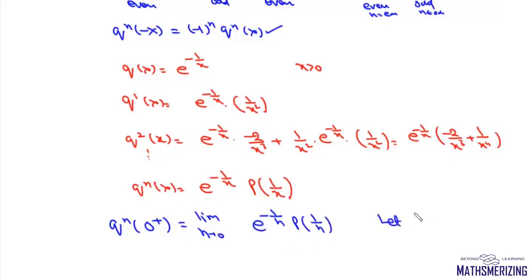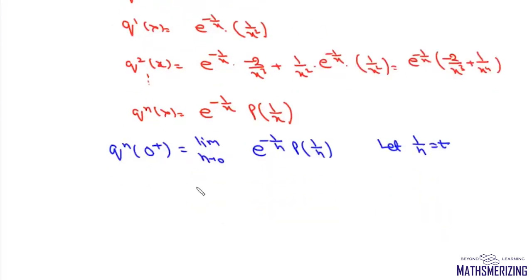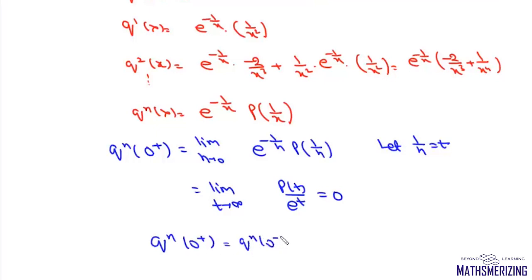If we let 1 upon h as t, we can write this as limit t tends to infinite p(t) upon e to the power t, and this we have already established in part A is equal to 0. So from here we can say this q^(n)(0) positive will be equal to q^(n)(0) negative and it will be equal to 0. That is, this q^(n)(0) will exist and it is equal to 0.